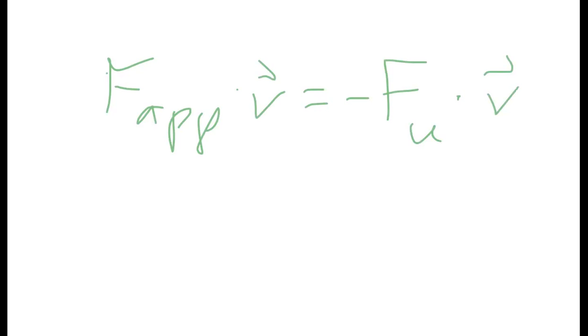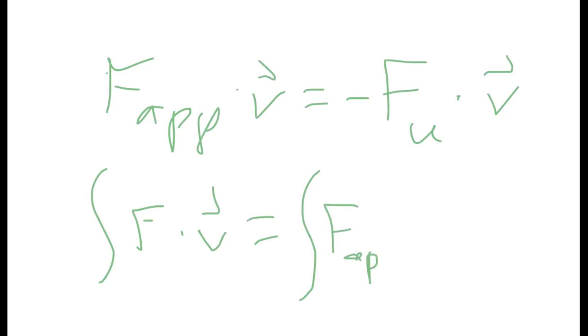And now when we integrate F dot V, we get the integral of F applied dot V is what we're looking at, right? Because we're concerned with the work done by our applied force.